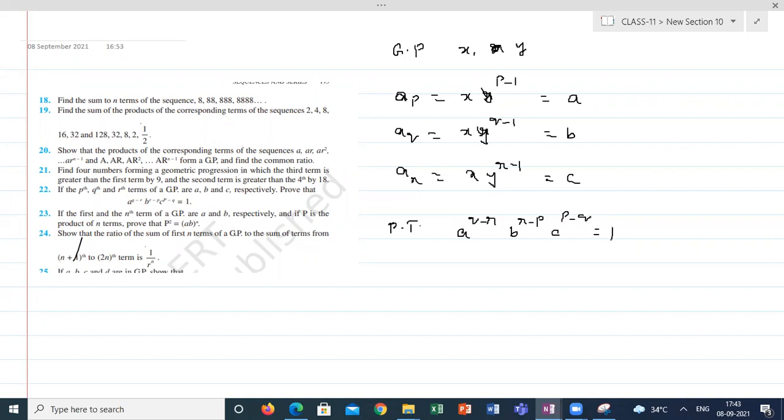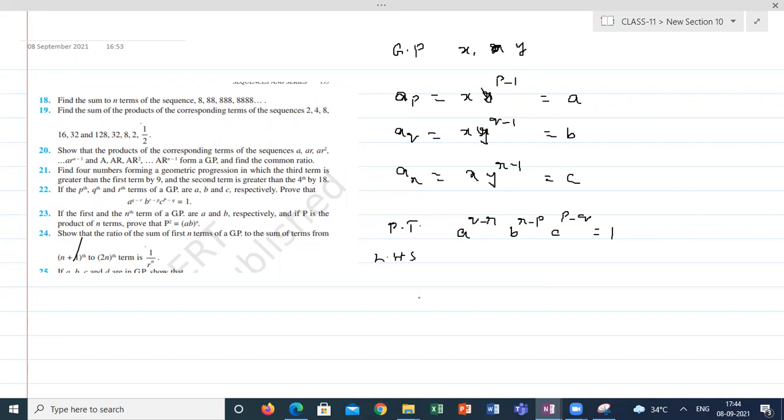How can we do this question? What is the meaning of A power Q minus R? Where X is the first term, Y is the common ratio. Just substitute in the given condition.